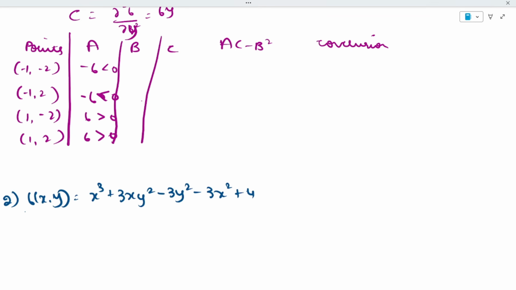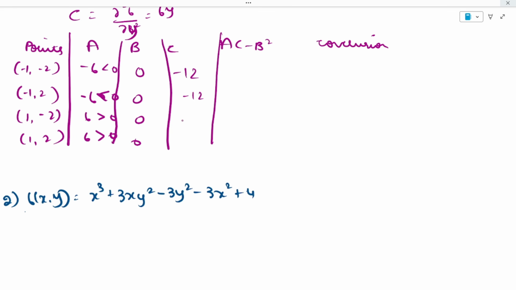One second, I'll draw this line neatly. Now b you will get as 0. The c value, if you want to find it, will be minus 12, minus 12, minus 12 and 12 here. Now you multiply ac and subtract b square.